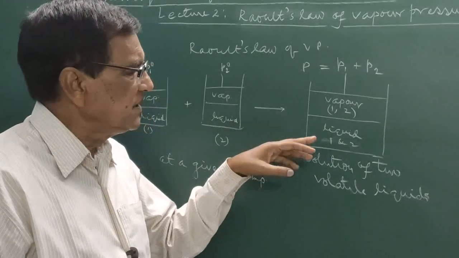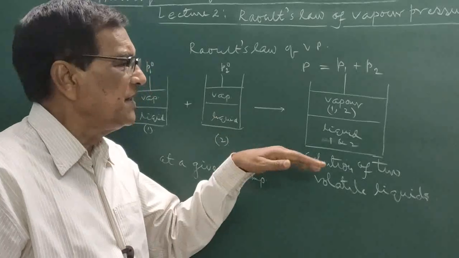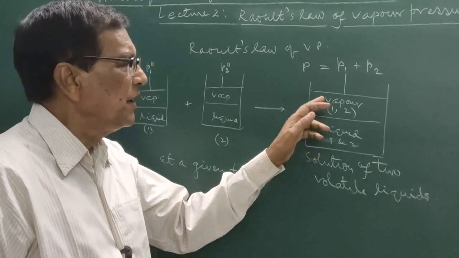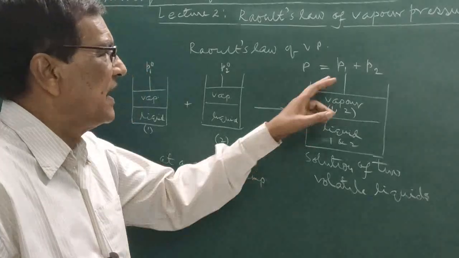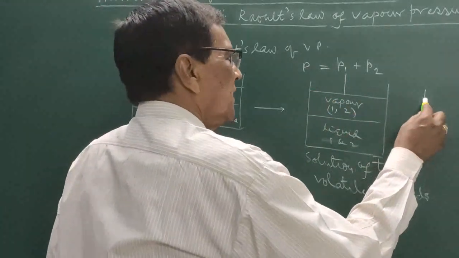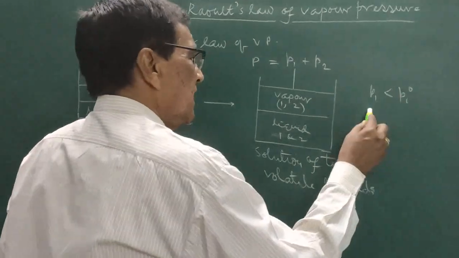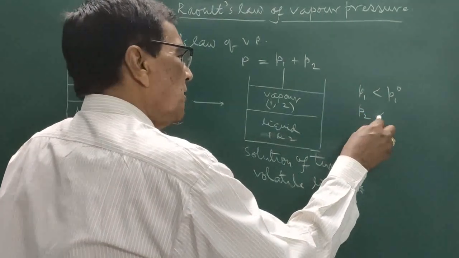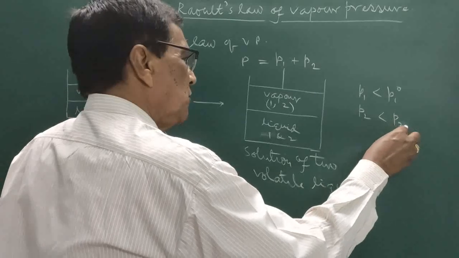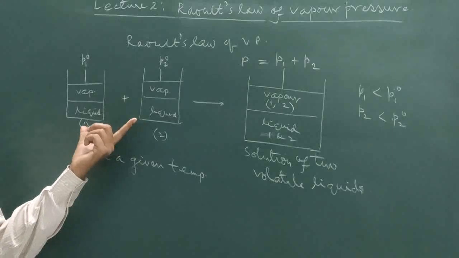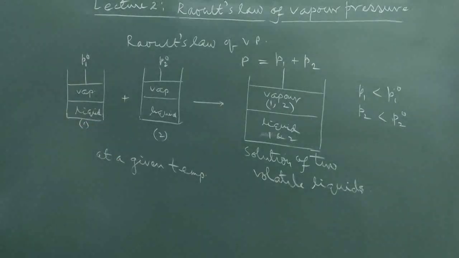So the escaping tendency of the liquid molecules of each component from liquid to vapor is also decreased, and so P1 must be less than P1 naught, and similarly P2 must be less than P2 naught. These are the vapor pressures in pure state of these two components 1 and 2.